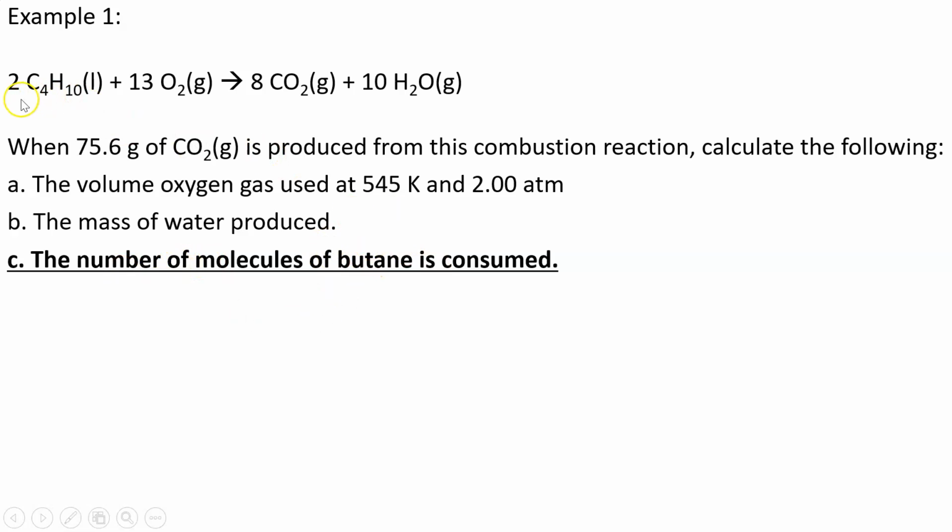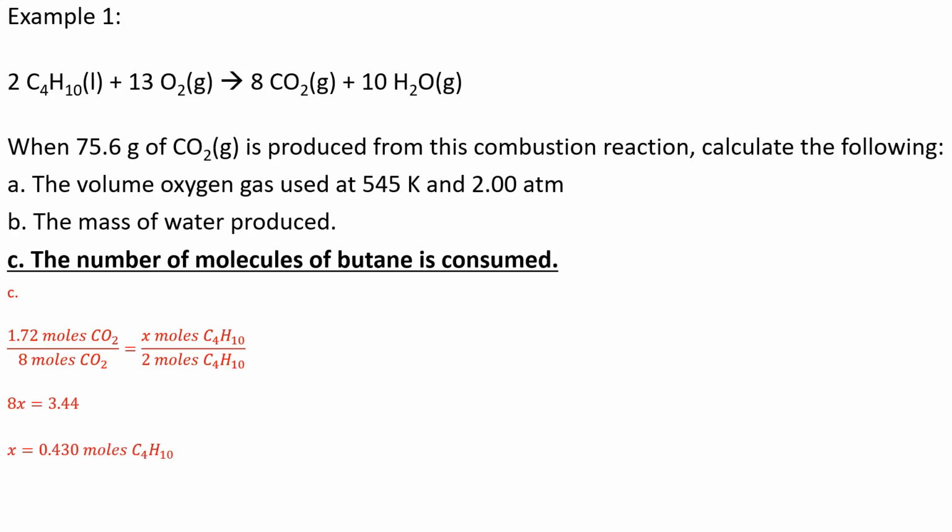Well, butane is this over here, so it's going to be X moles of butane over 2 moles of butane. Cross multiply, divide by 8. You end up with 0.430 moles of C4H10.